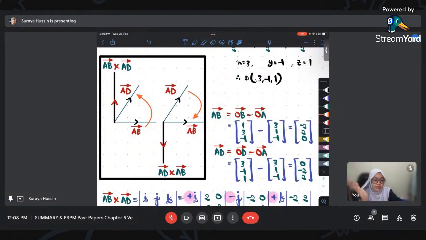Adakah soalan ini magnitude dia berubah? Magnitude tu maksudnya nilai lah, nilai direction ni. The nilai of this direction, is it the same or tidak berubah?